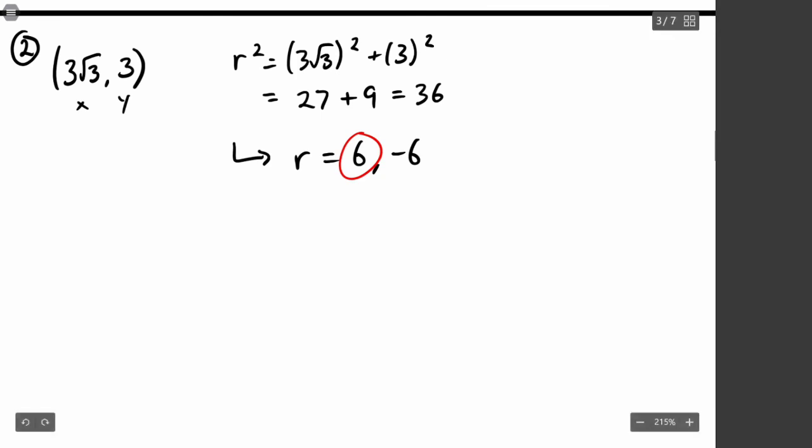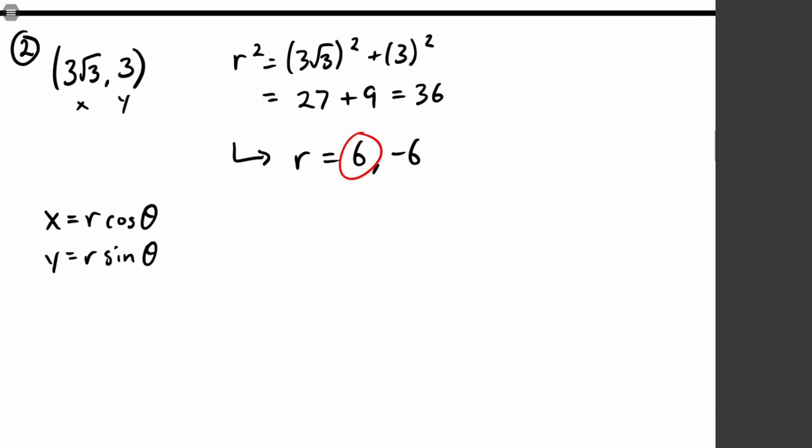Okay. Now that we have that, I think a great idea is to just use these equations every time, because then you never have to worry about, what if x is 0? What if y is 0? You can always use these. You just have to solve for r first, and then you have x, y, and r, and you can use that to get theta. So what do we get here?